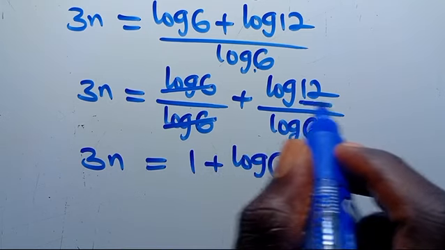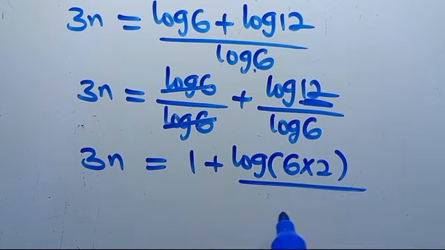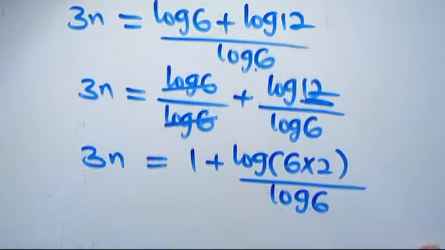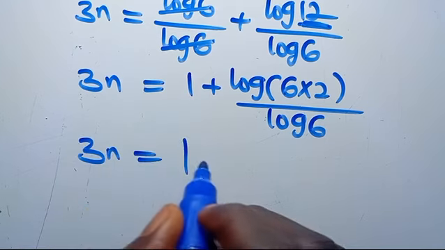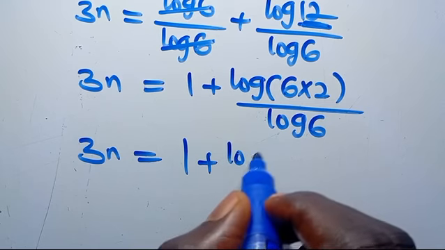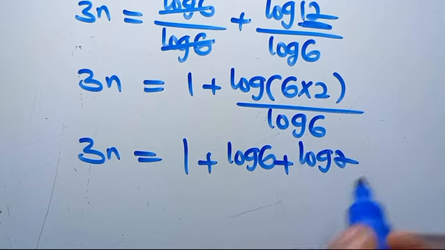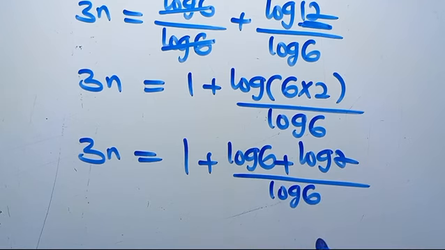We can also have this 12 here as 6 times 2 over log 6. So 3n equals 1 plus log 6 plus log 2 over log 6.